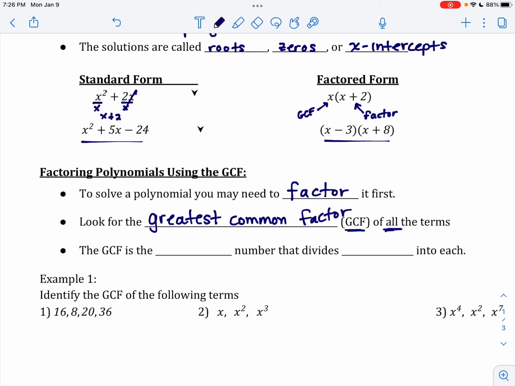And underline that word all. That's the important thing, is we have to take the greatest common factor out of all the terms, not just one of the terms. The greatest common factor is the greatest common number that divides evenly into each.